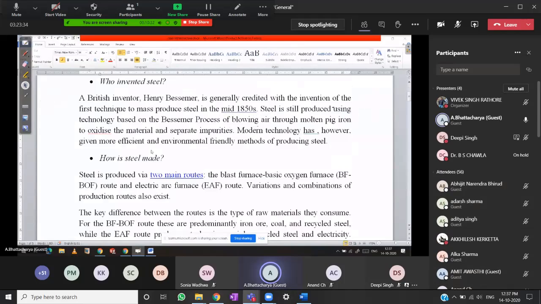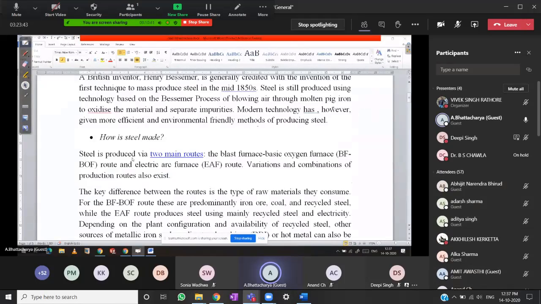Now, how steel is made. Steel is produced via two main routes. I will click the link so that the two main routes are visible here. I will enlarge it.